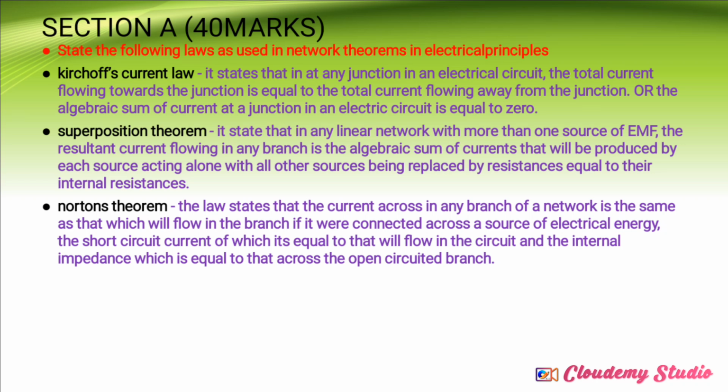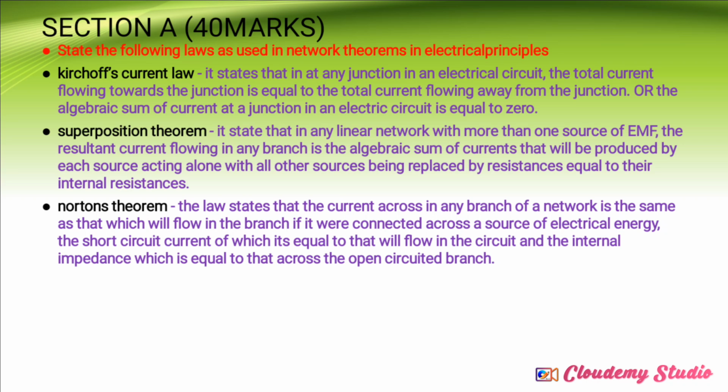If you are not able to state it correctly, I always advise you to use a circuit. You can use a circuit that has two or more sources of EMF. You can label the currents in each branch. Then you can state how we solve the currents for each branch. Most of the calculations that we did in class, we were using current 1, current 2, current 3.